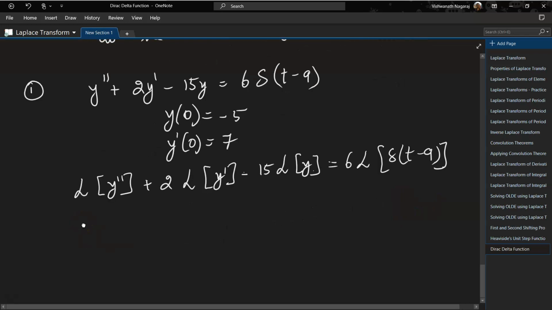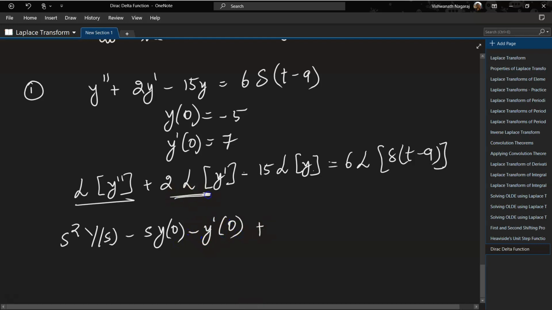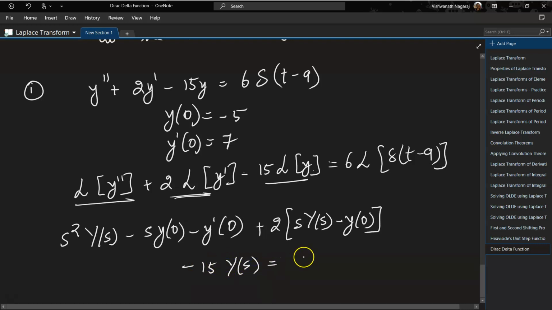Okay, so let's actually do this. First, let's take this. This will give us s square capital Y of s minus s y of 0 minus y prime of 0, plus now let's take this, 2 times s capital Y of s minus y of 0, and now let's take this, minus 15 times capital Y of s, is equal to 6.